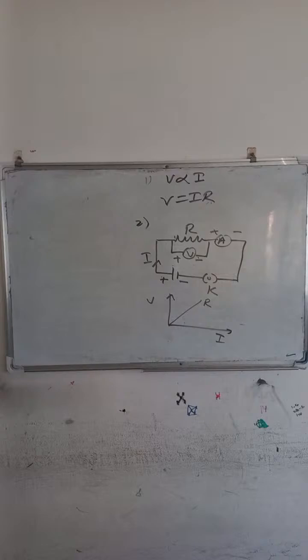Write down next question. List the factors on which the resistance of the conductor in the shape of wire depends. Full stop.